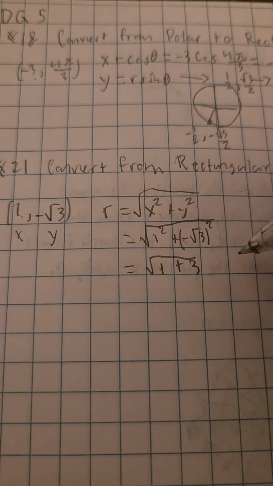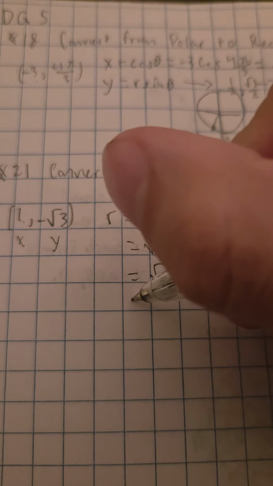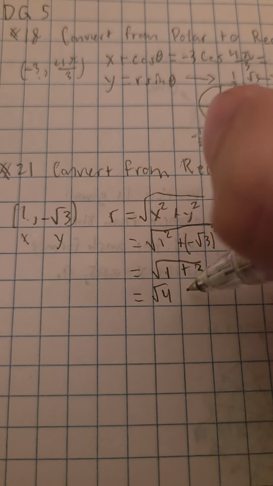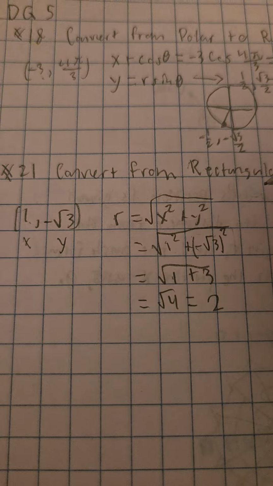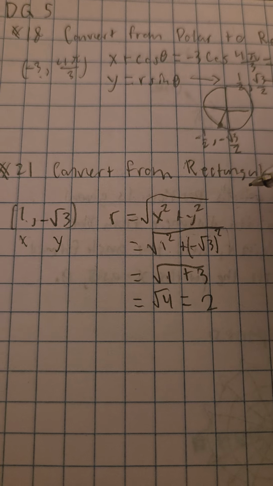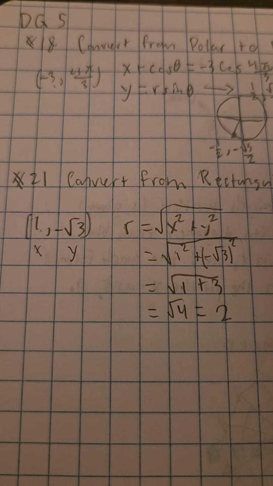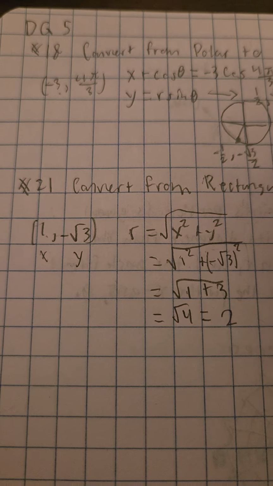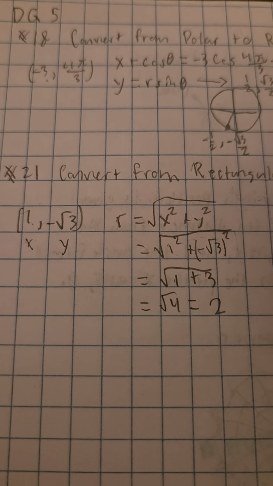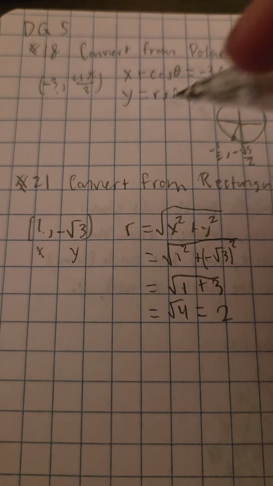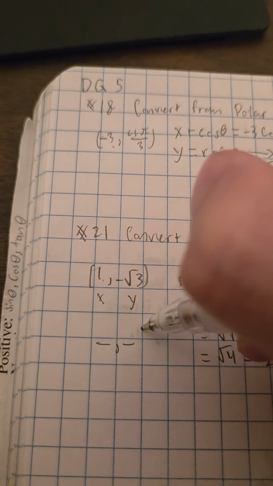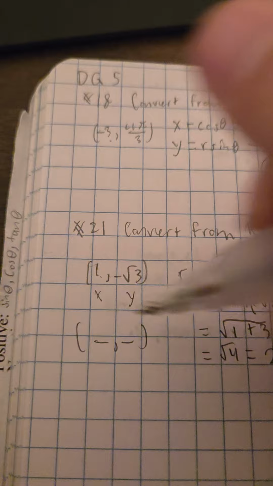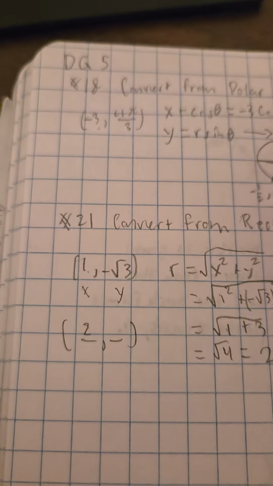So 1 plus 3 I know is 4, so that's radical 4, and that is 2. That'll be our r value in terms of the coordinate. So we'll write that over here. We'll find our angle right now.